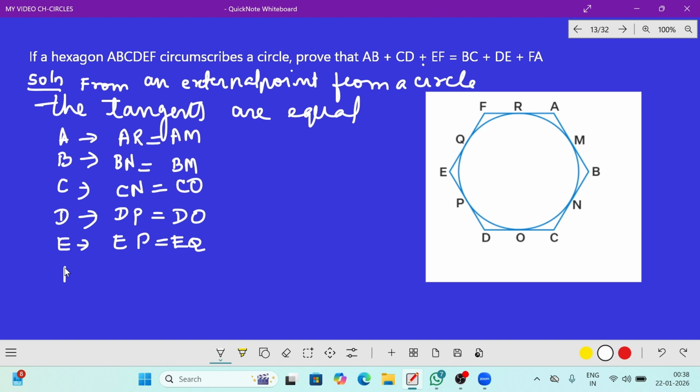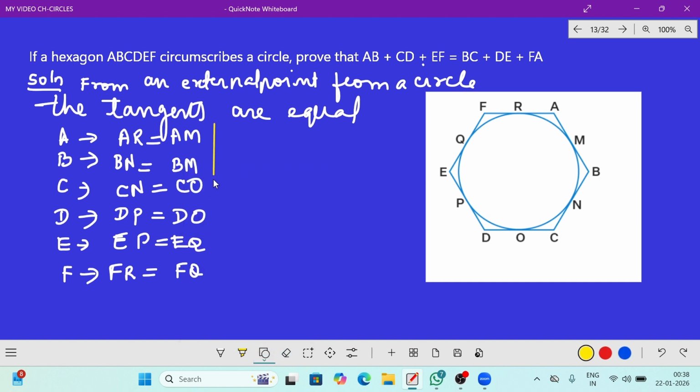Then from the point F, we have FQ is equal to FR. See, I will keep FQ and EQ in the same line, because if I add FQ plus EQ, I should get FE.